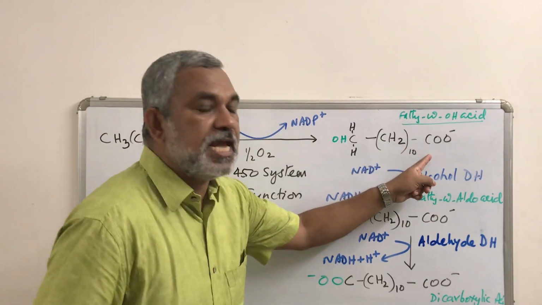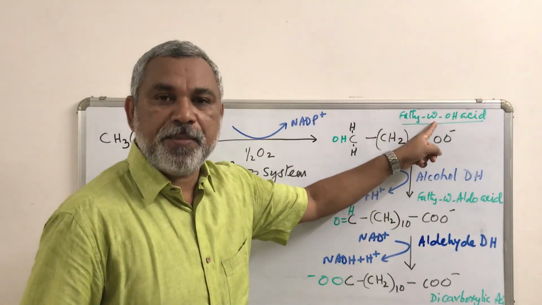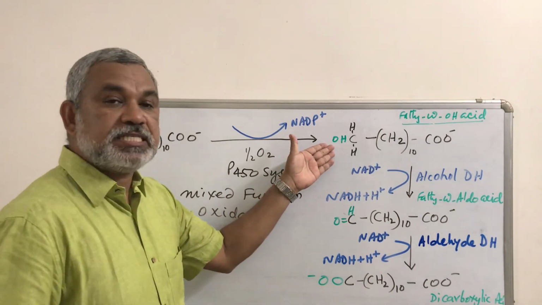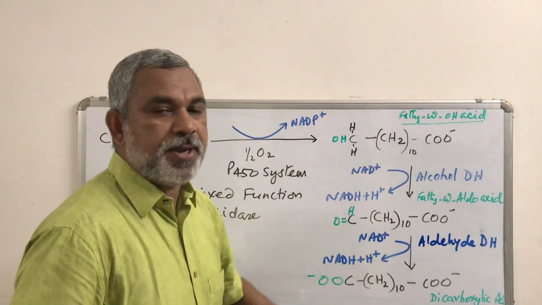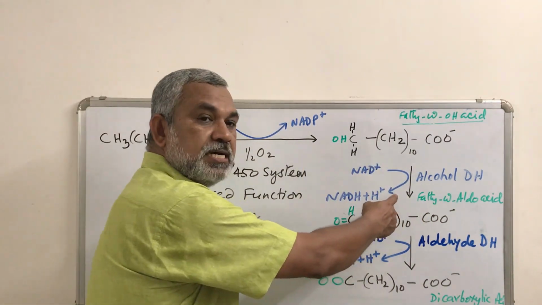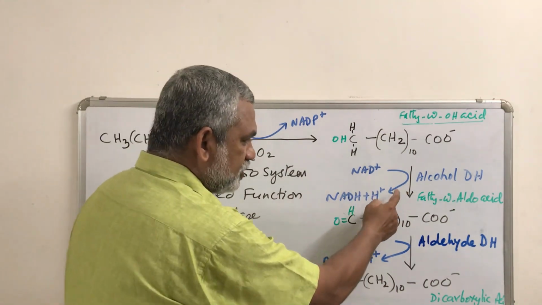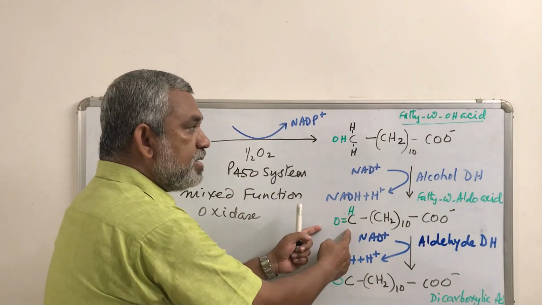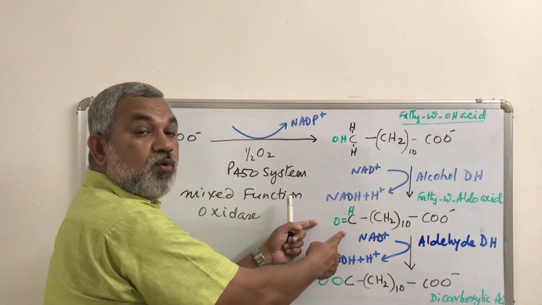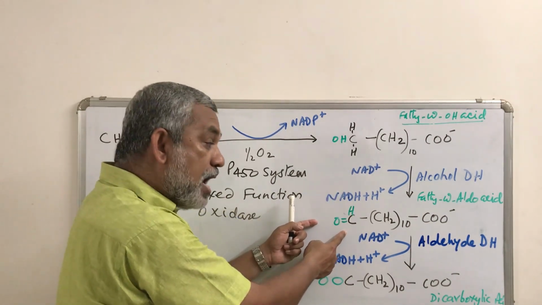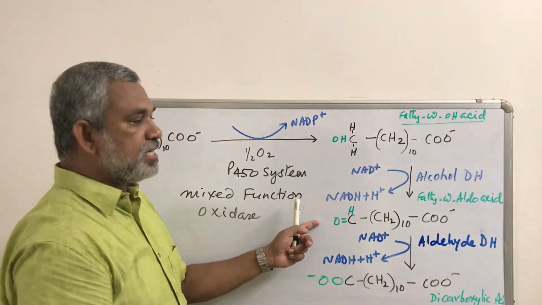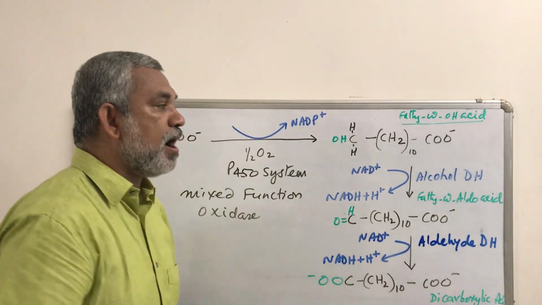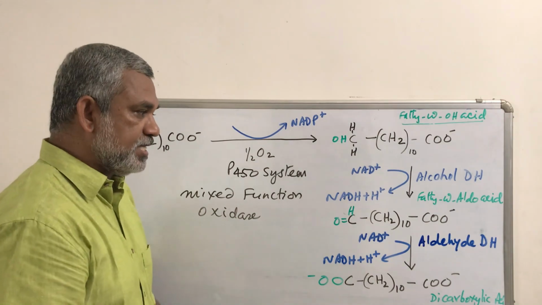We call the first end product fatty omega hydroxy acid, and in the second step, this fatty omega hydroxy acid undergoes a reaction by alcohol dehydrogenase, and the alcoholic group is now converted to an aldehyde group, and that is catalyzed by fatty omega alcohol dehydrogenase enzyme.